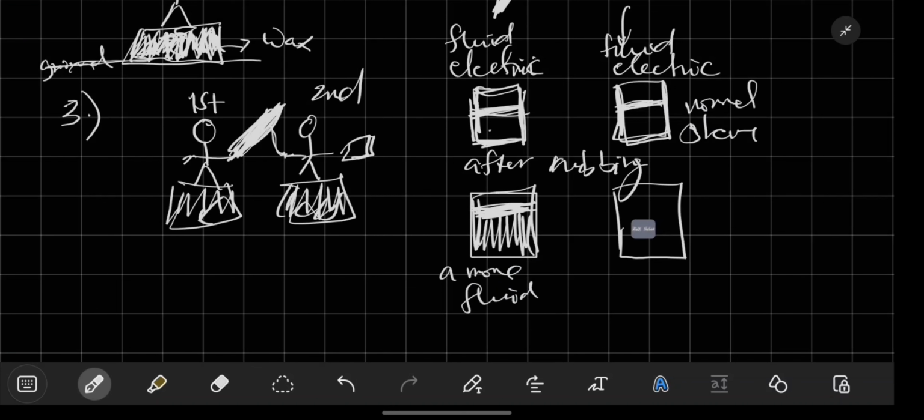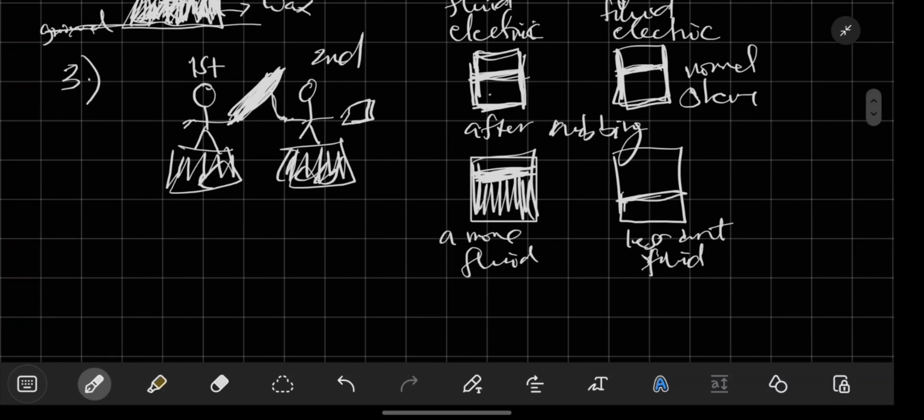Okay, and then this silk has now less amount of fluid, or fluid electricity, or fluid electric.